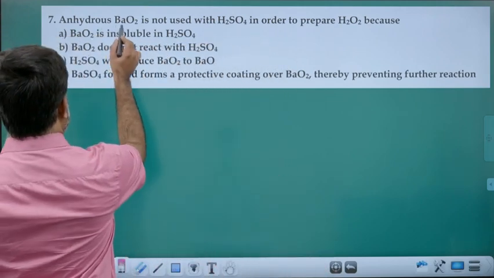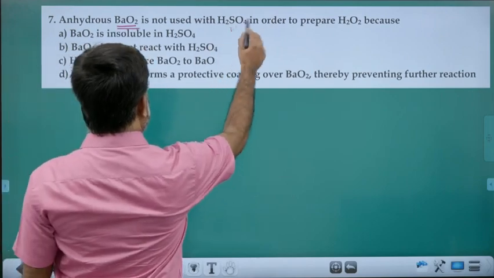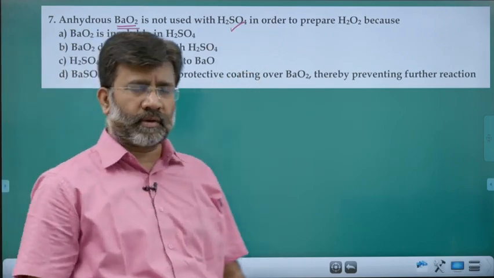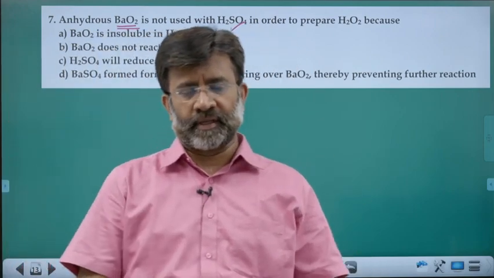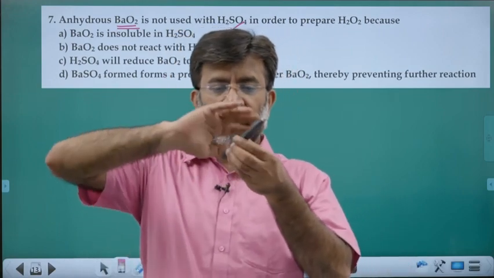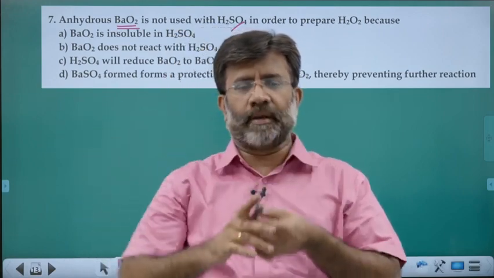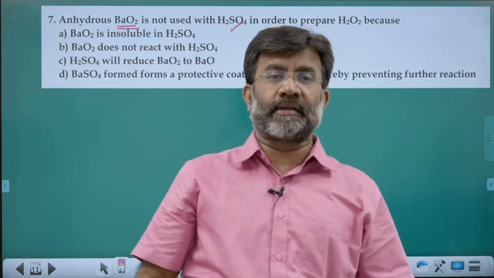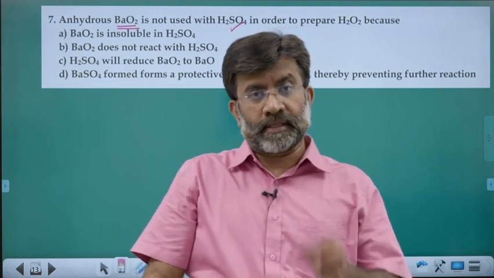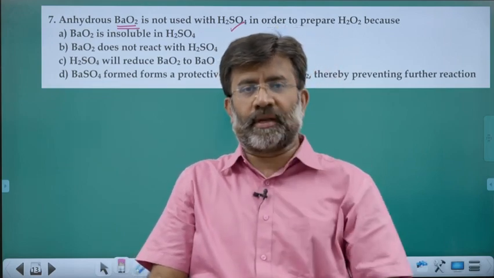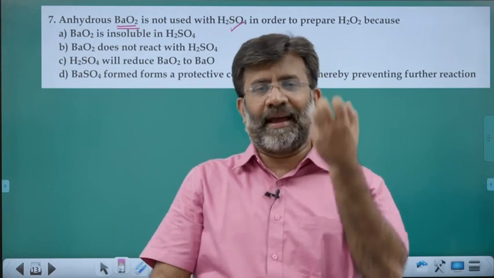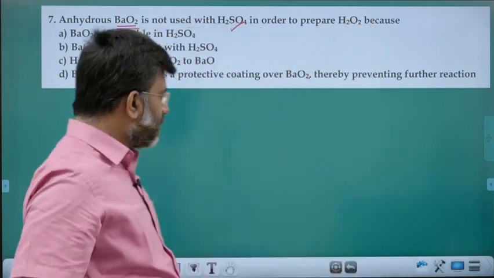Initially, there will be a reaction, and you will get hydrogen peroxide and barium sulfate. And barium sulfate will make a coating over barium peroxide, and that will hinder the reaction.